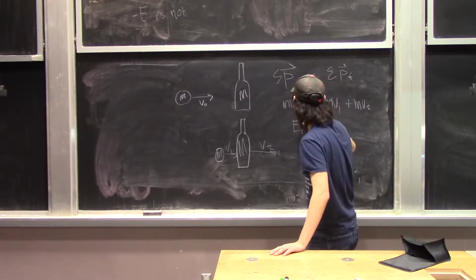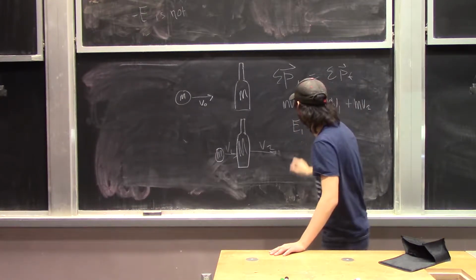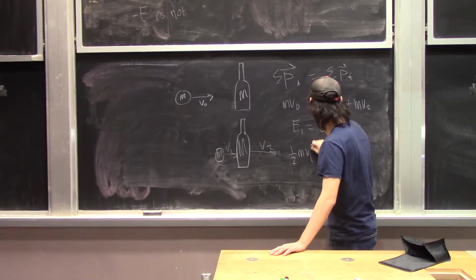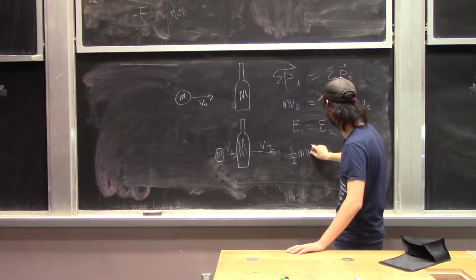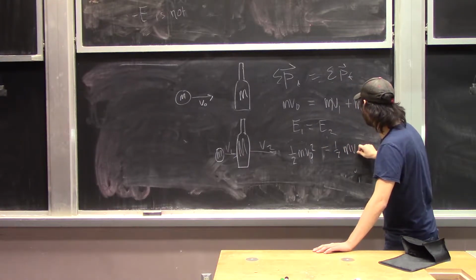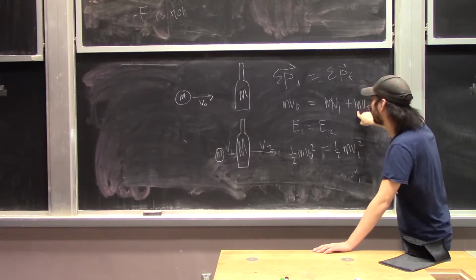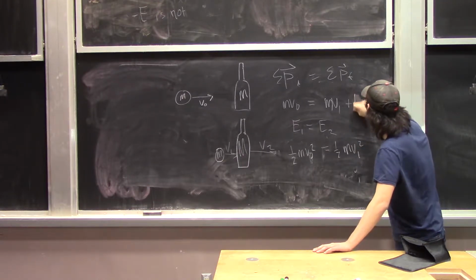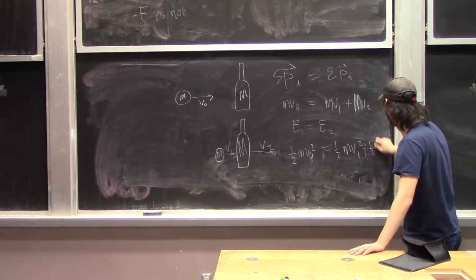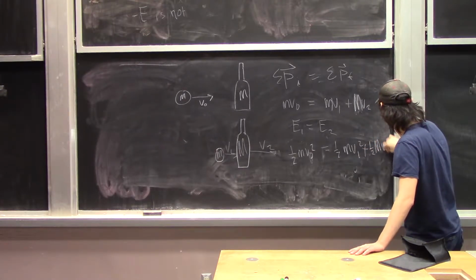So E1 is equal to E2. This is going to be 1/2 m v0 squared equal to 1/2 m v1 squared. And these should be different masses, so I need to call this my capital M. So that's going to be 1/2 m v1 squared plus 1/2 capital M v2 squared.